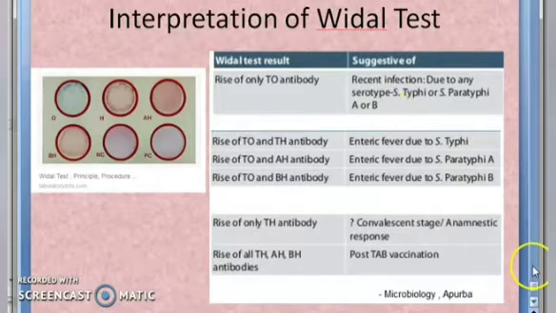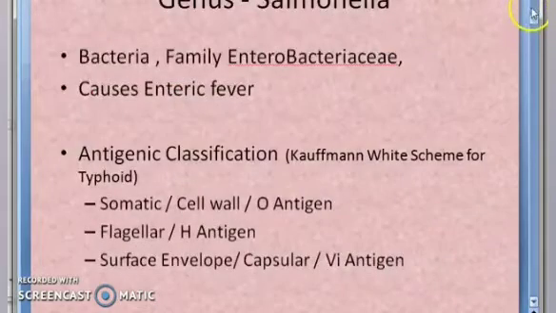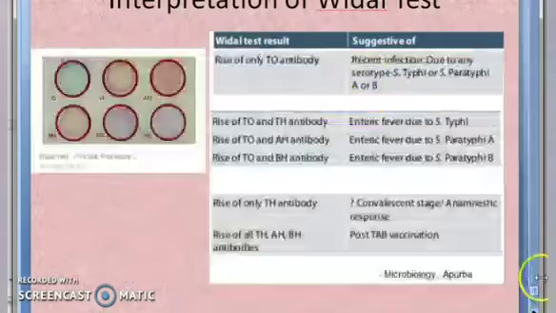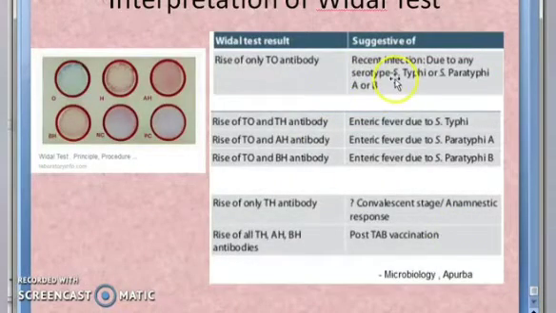If you have seen, this O12 is present in all the 3. Do you remember that table? In this, if you can see, in A, B and Typhi, 12 is common. Right? So if you use that, definitely TO rises, meaning either some infection, typhoid or paratyphoid, this person has something.